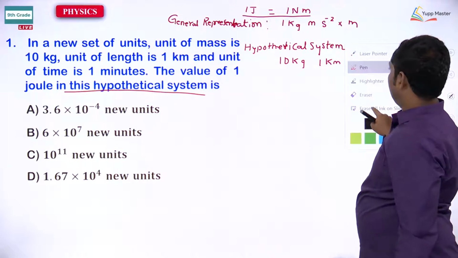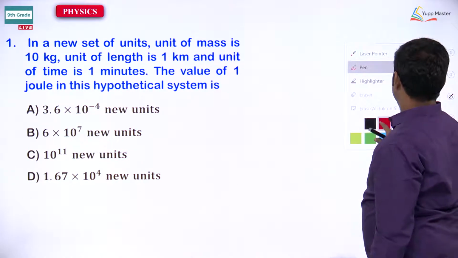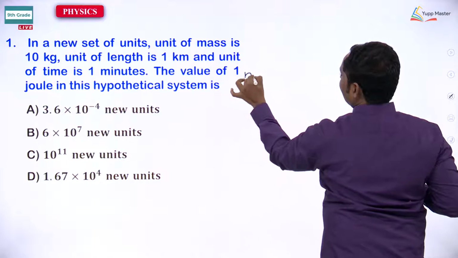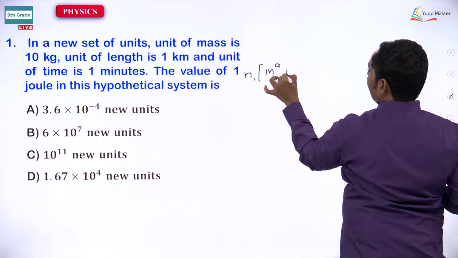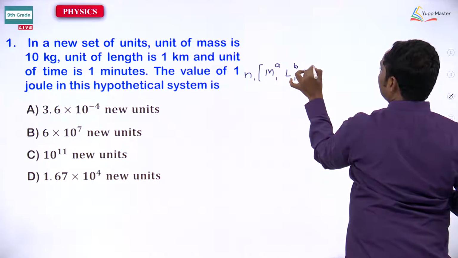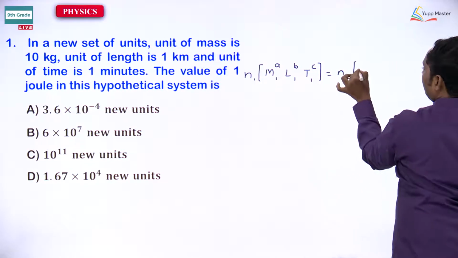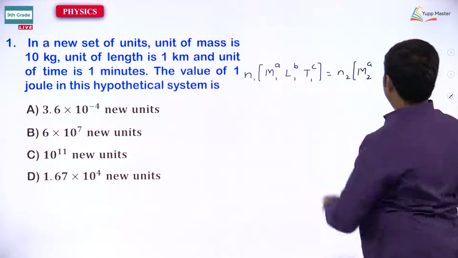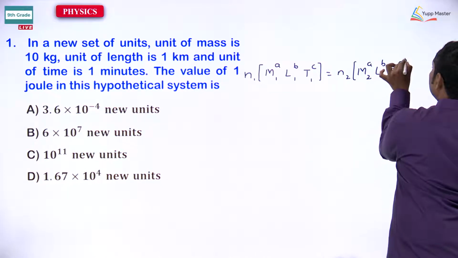We will solve the problem by the generalized relation, that is n1 M1 power a, L1 power b, T1 power c is equal to n2 M2 power a, L2 power b, T2 power c.